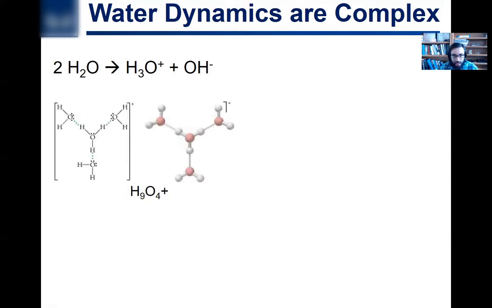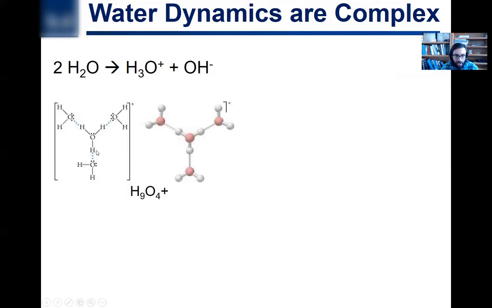The reality is that this is actually still an oversimplification. Probably the predominant species is something like H9O4+ instead of a hydronium ion. How does this work? You have a hydronium ion, H3O+, in the center, interacting very strongly, or we can say coordinating, with 3 additional water molecules.